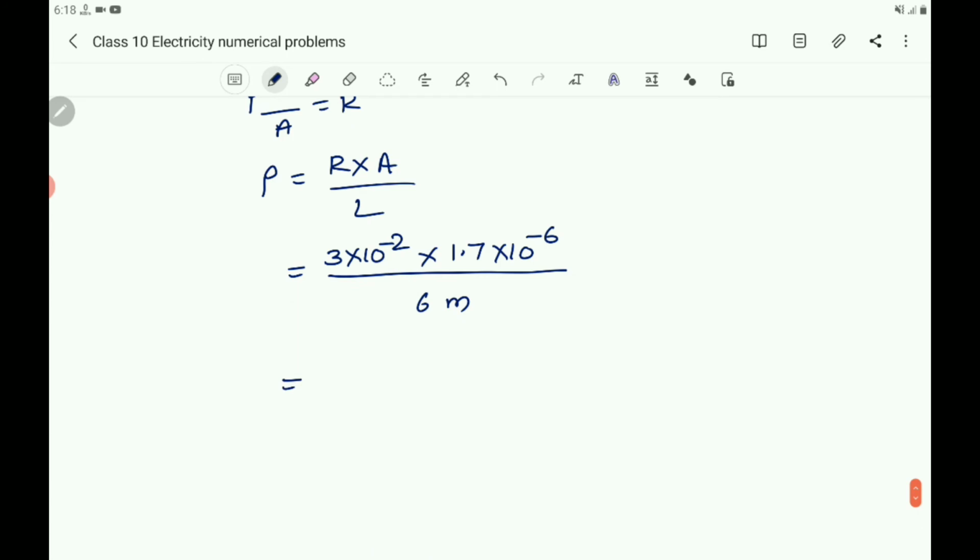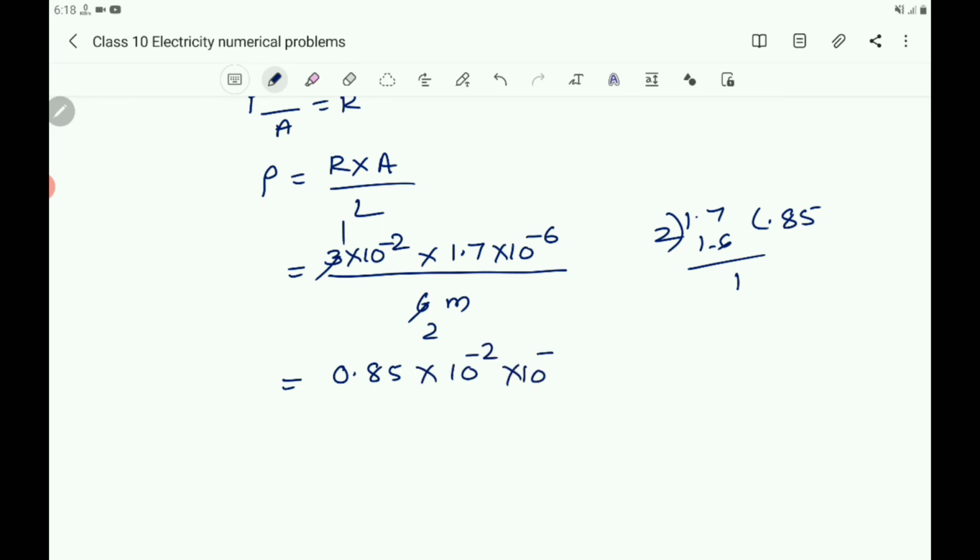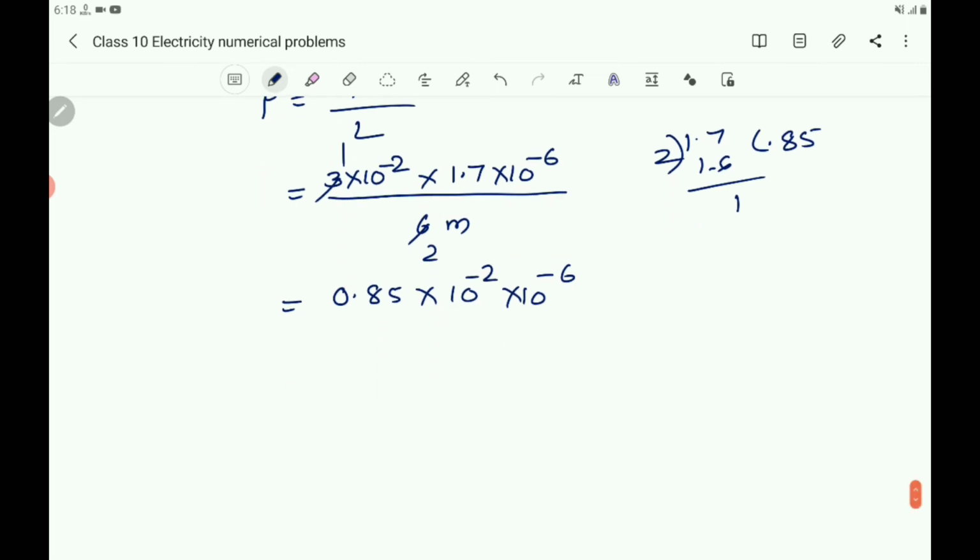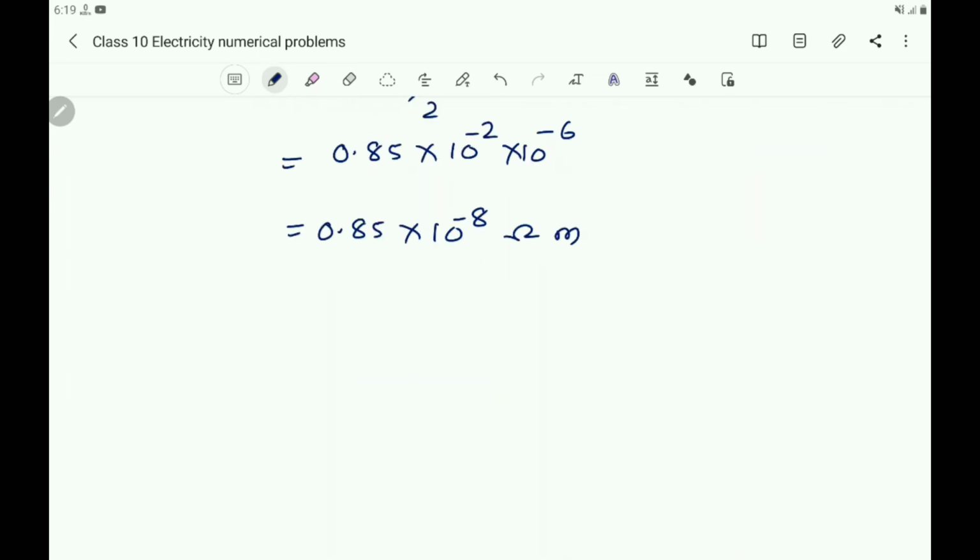Then you can have 3 ones are 3, twos are 1.7 by 2. That you know that 2.8 are 1.6. 1 is remaining 5. So you got that 0.85 into 10 power minus 2 into 10 power minus 6. Then it is 0.85 into 10 power minus 8 ohm meter.